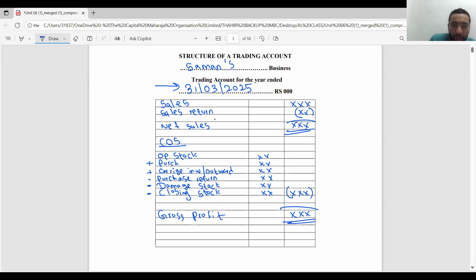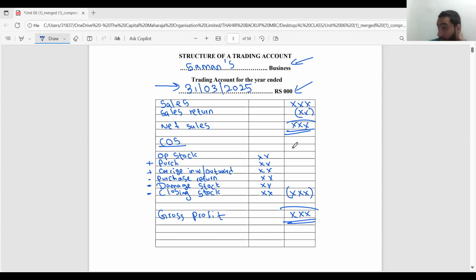Yes, so the accounting concepts. To which concept does this 31st March 2025 belong?